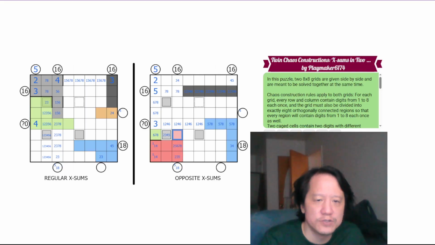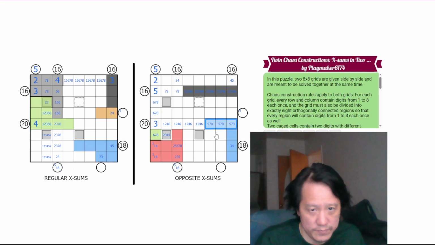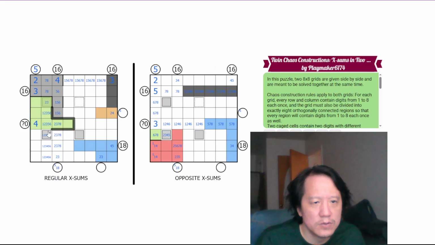No more 4s here in the red region. So this would be guaranteed. We'd have boundary there.